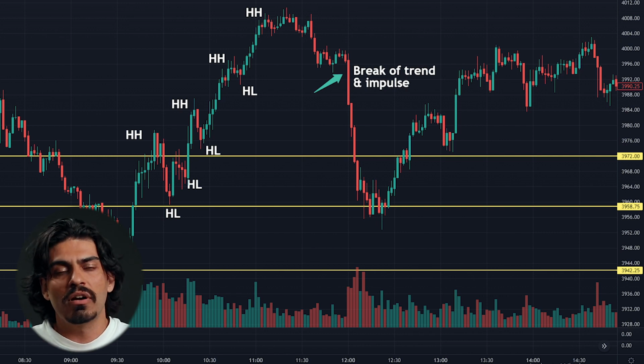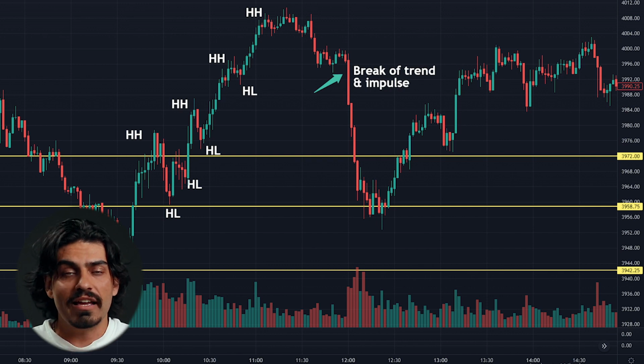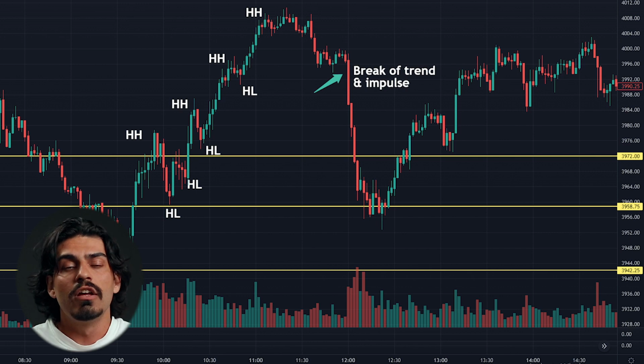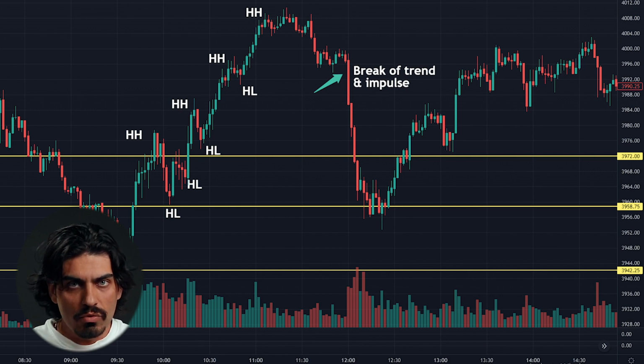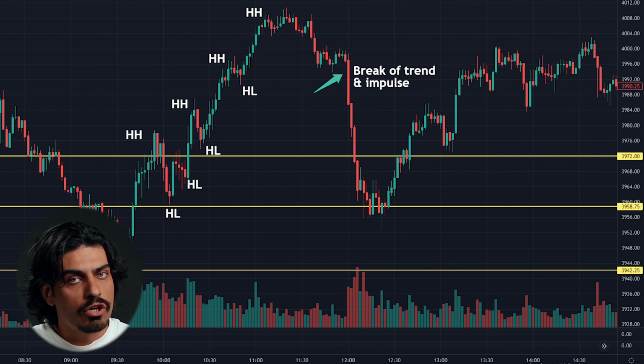Now, the second part of a break of a bull trend is going to be very similar, and it's that we create a lower high. So instead of making a new high and continuing this trend, higher highs and higher lows as the bull is known to go, we instead fail to make a new high and drop just shy of that prior high and start to curl back down.